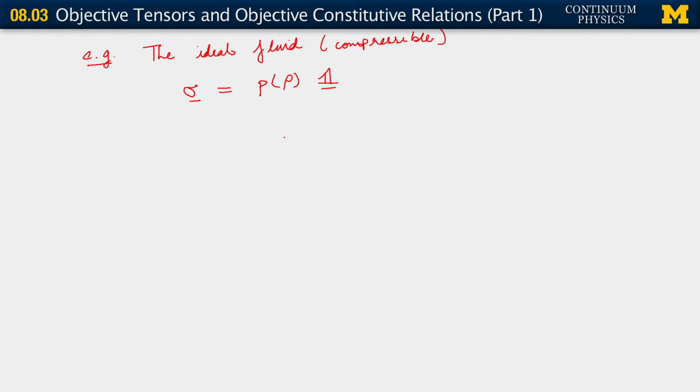So what we're looking at is this sort of situation. We have an example here, right? So let's suppose that we have a beaker with a fluid in it. Okay, that's a fluid.